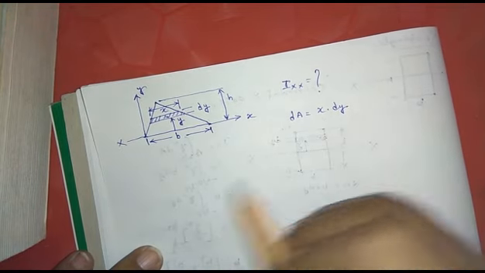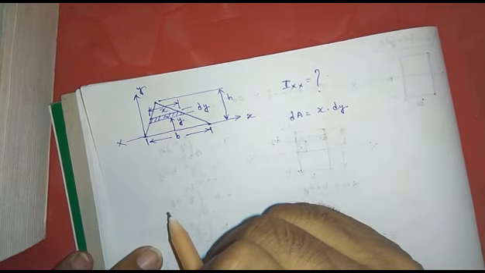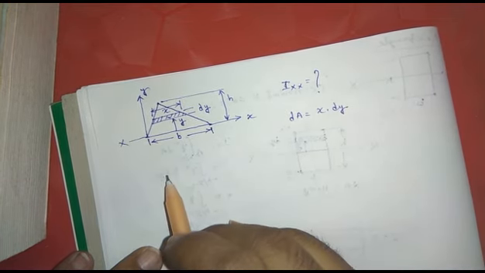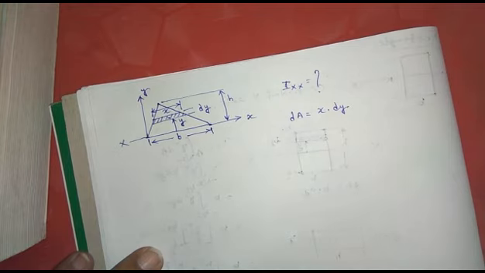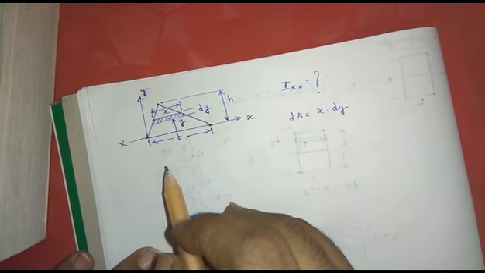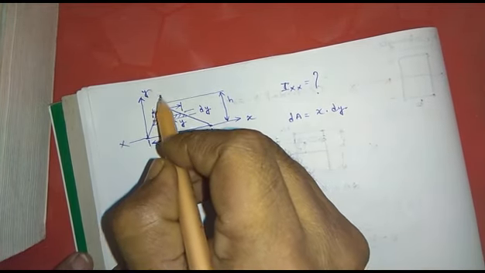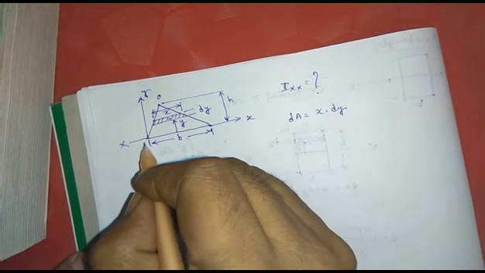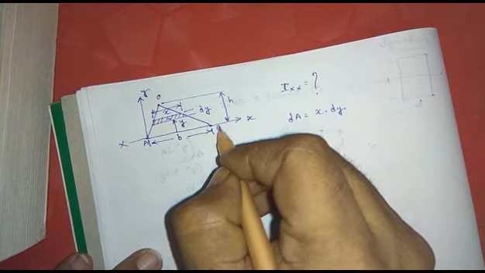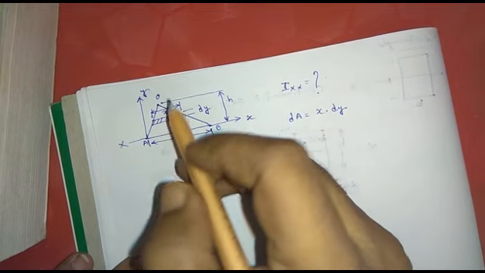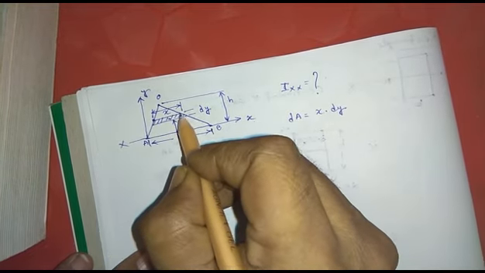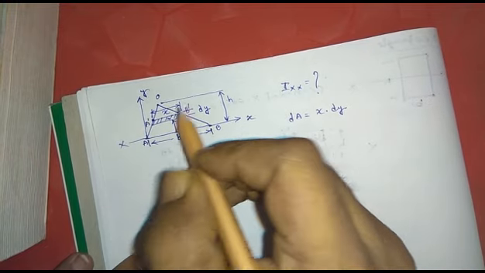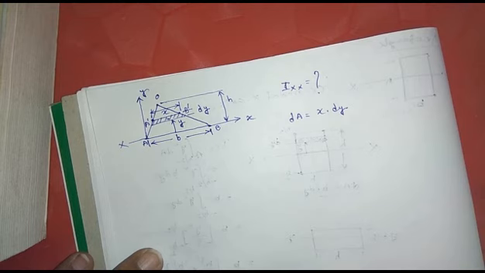Now what is x? If we want to calculate x, then from similar triangles we can say, let me write it down, say OAB is the outer triangle, and OA'B' is the inner, smaller triangle.